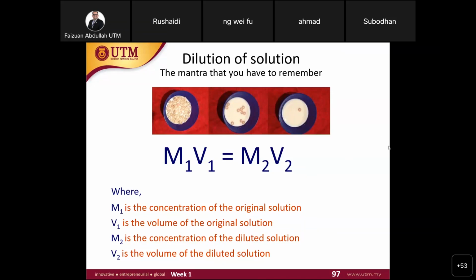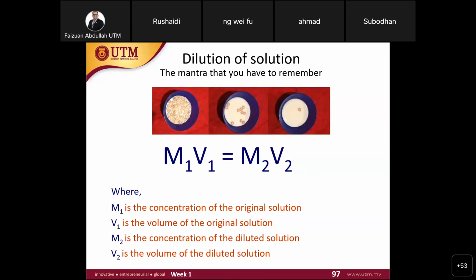M1V1 = M2V2. Just put the values directly into the equation so that you know how much of the original solution you need to prepare the diluted solution. That is the mantra that you need to always remember in analysis and in instrumentation as well. You need to prepare the calibration solution, and several concentrations of calibration solution.